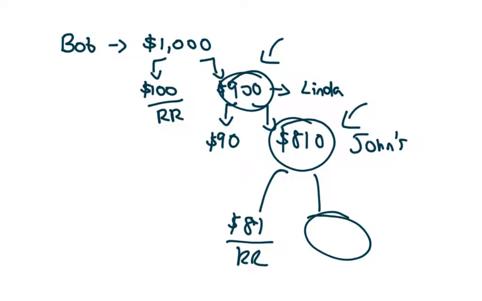Now, we're assuming that when someone borrows the money, they're depositing it to spend it later. So a person may not deposit all of the money that they're borrowing. So that's where some money can leak out and you don't get that full multiplier effect.